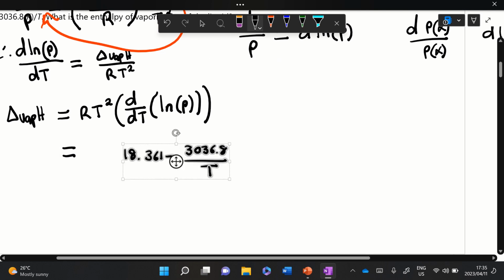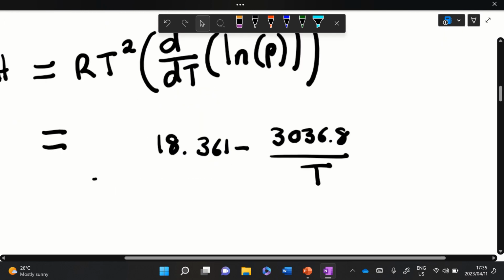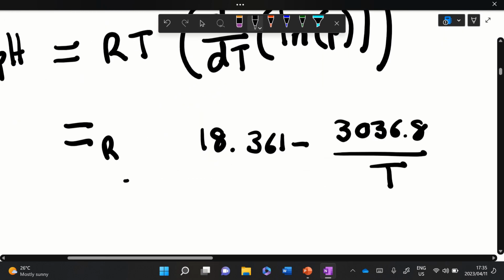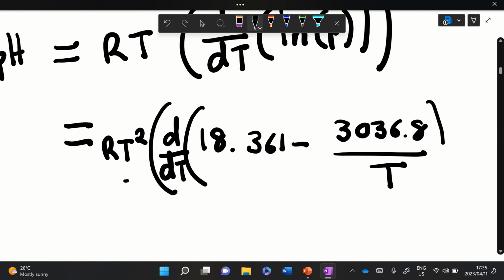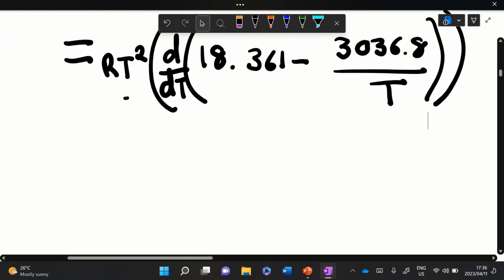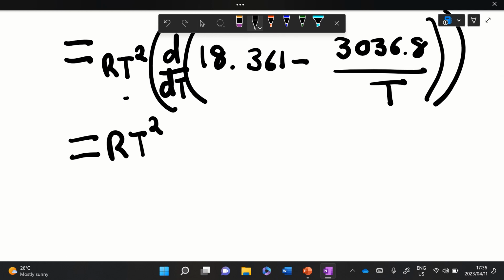So plugging this in, we have RT squared, and then d/dT of this function. What is d/dT of a constant? It's 0. So the first part becomes 0, so we have RT squared times 0.